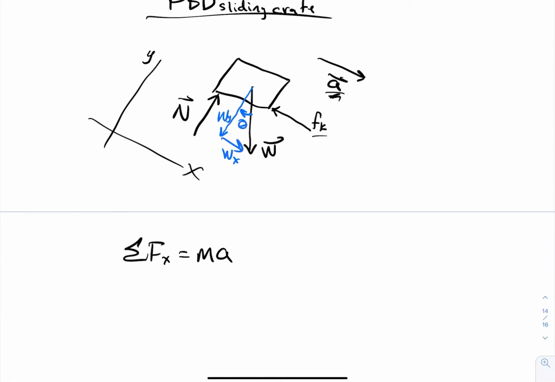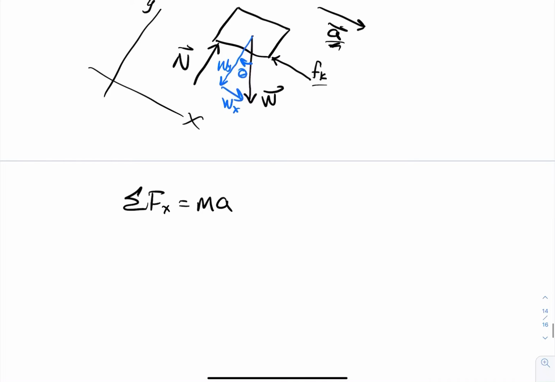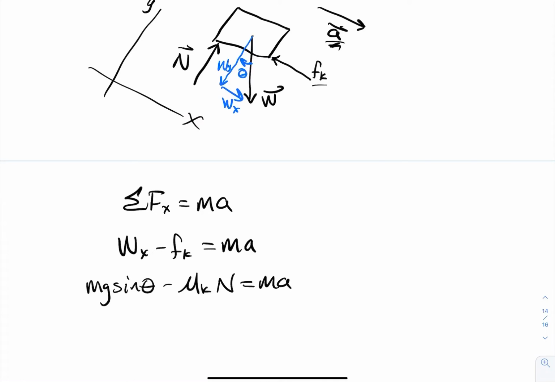We can't get rid of the a. So now we have weight in the x minus kinetic friction equals ma. We could rewrite this as mg sine theta minus mu sub k times the normal force equals ma. Those are just the identities of those equations, and of course the trig from our weight triangle.